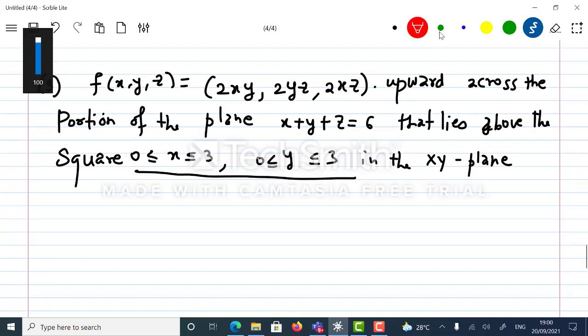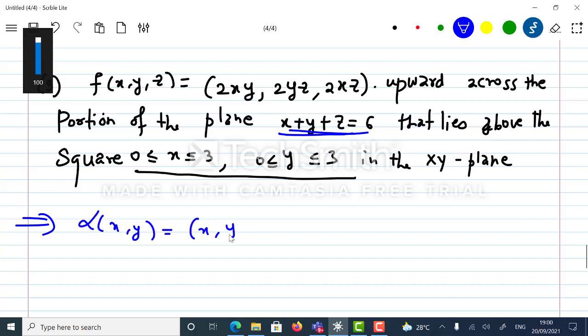And α should parameterize my tetrahedron. So α(x, y) is (x, y, 6 minus x minus y). This is α, step 1. Step 2, I'm not writing, that you can easily find out.